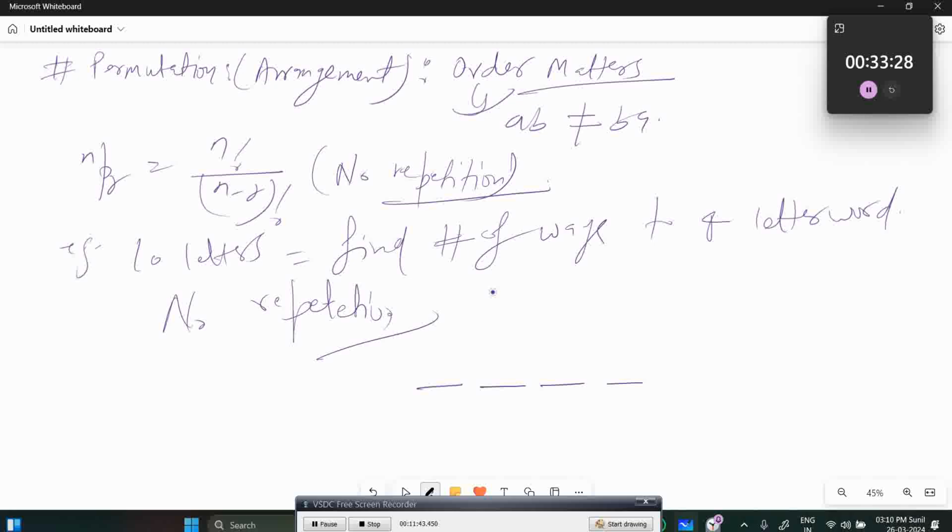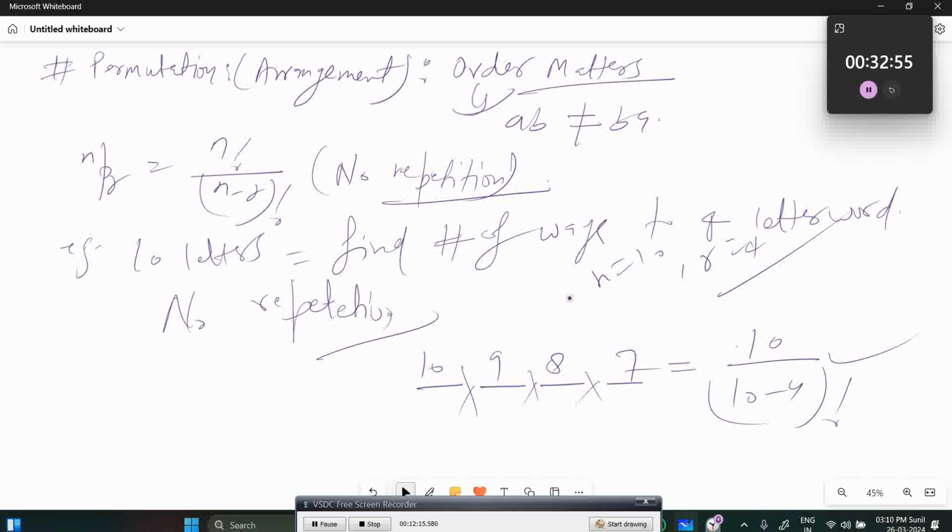There are 4 places. What can we put here? There are options for 10 letters here, then 9, 8, and 7. We can multiply these with the multiplication rule, and it would be 10 factorial upon 10 minus 4 factorial. Here n is 10 and r is 4.